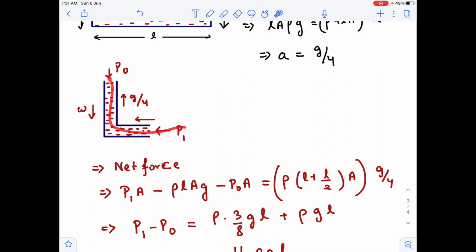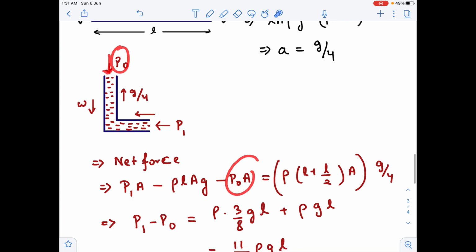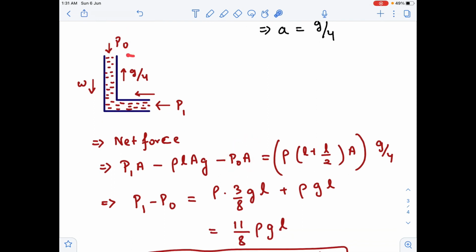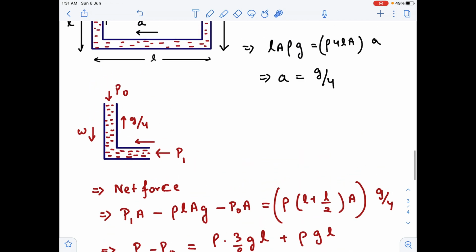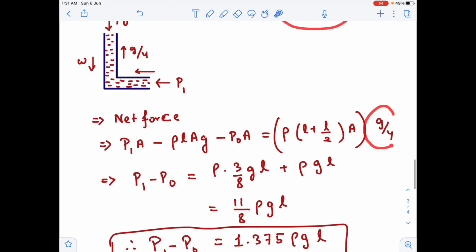So P1 times A minus the weight of the vertical liquid, that is rho L A times g, minus the force due to atmospheric pressure, will be equal to the mass of this L-shaped liquid, that is rho times (L plus L by 2) times A, times the acceleration we already calculated, that is g by 4.